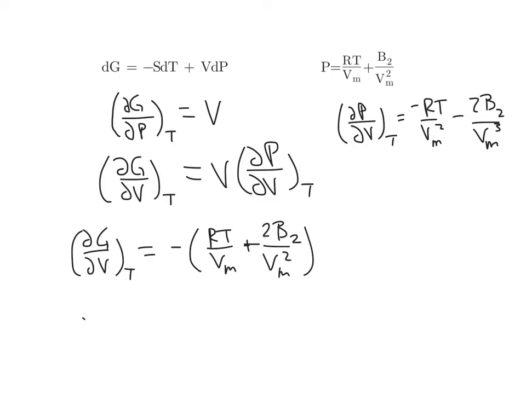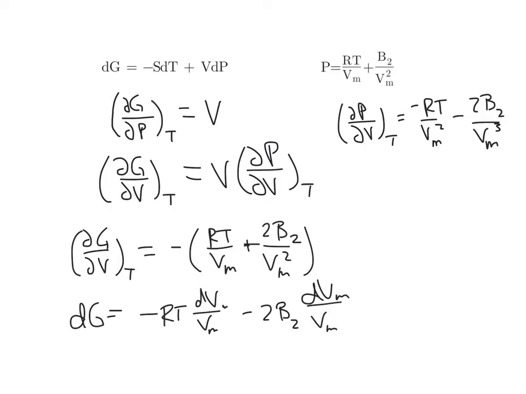And so dG is equal to minus RT dV divided by V. These are molar volumes. Minus 2B2 dV divided by molar volume squared.